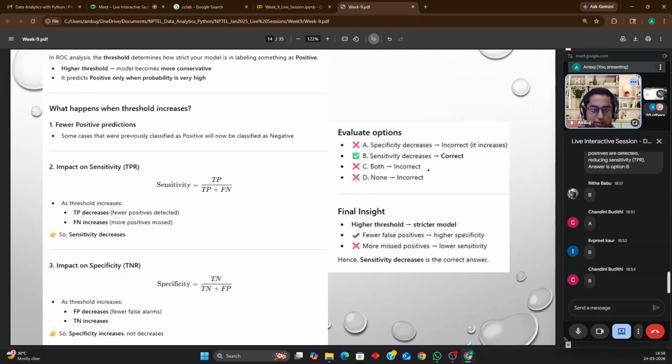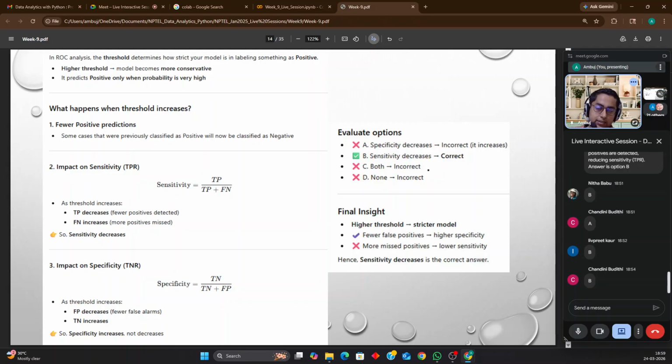In ROC analysis, the threshold determines how strict your model is in labeling something as positive. The higher the threshold, the more conservative the model becomes. It will try to predict positive only when the probability is very high. When the threshold increases, there will be fewer positive predictions.